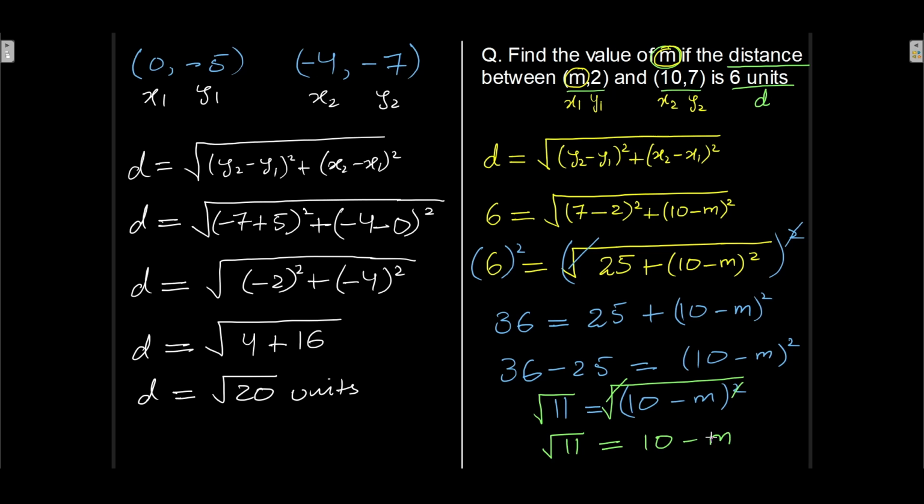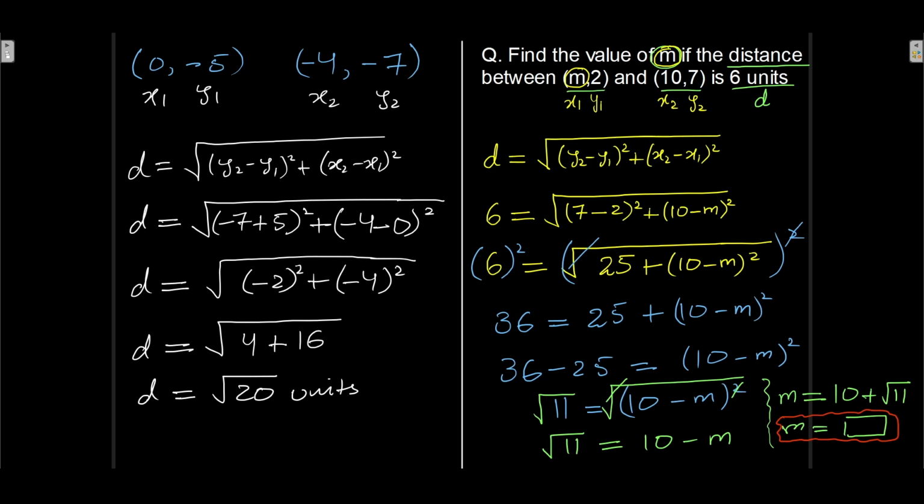And now I just need to find this value of m right here. So I can take this m to the left hand side and take this root of 11 to the right hand side. So finally the result will be 10 plus root of 11. Now if you want to give your answer in decimals, you can just solve it and give your answer in decimals. So this is my final required value of m.